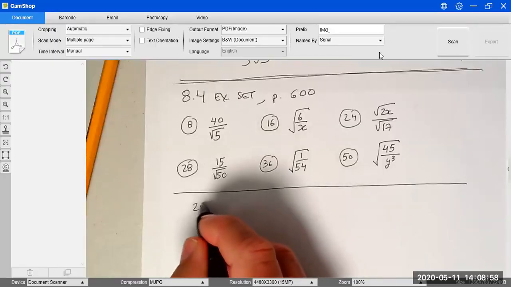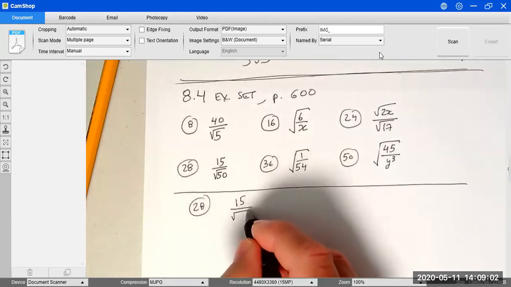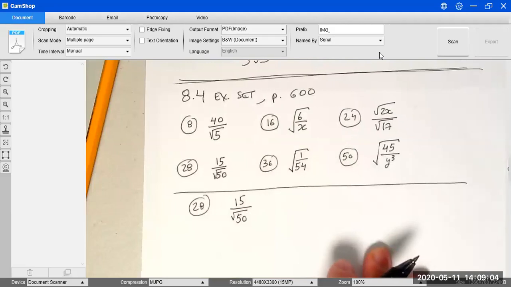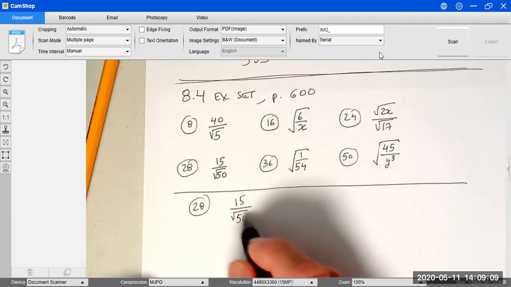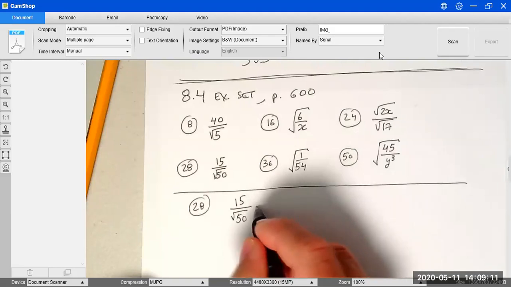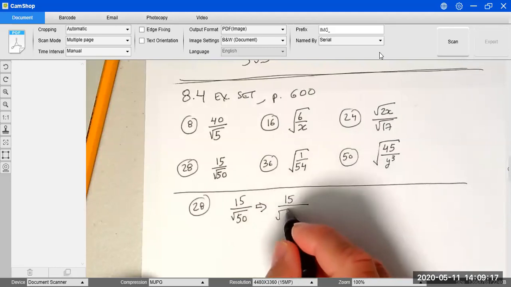So let's try to solve problem 28 first. So we have 15 over the square root of 50. So what we're going to do here is break this radical in this way. So we're going to write 15 over two radicals.